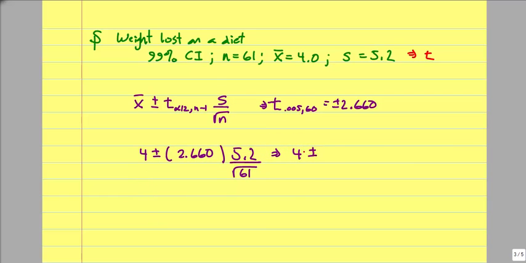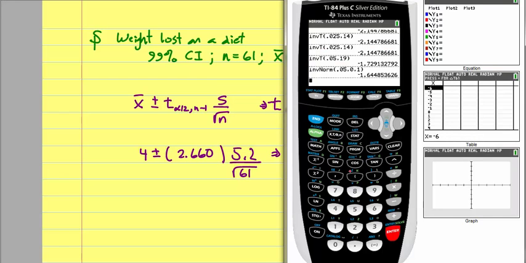And then let's go ahead and find our margin of error. And usually they ask us to round it to 1 or 2 places. So for our margin of error, we'll have 2.660 times 5.2 divided by the square root of 61. That's my sample size, 61. Okay, so let's round this to 1.8.